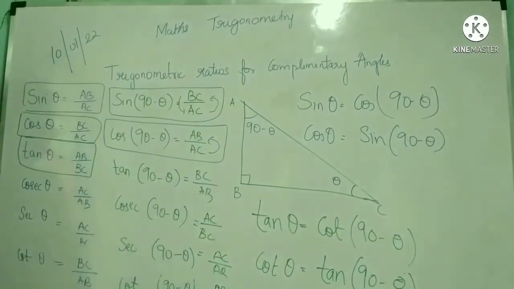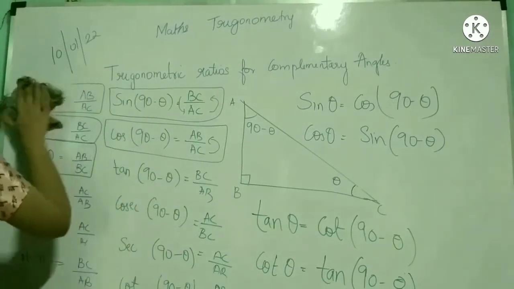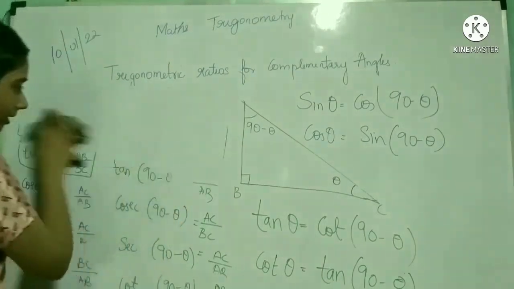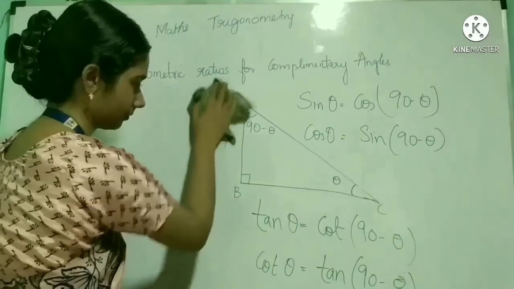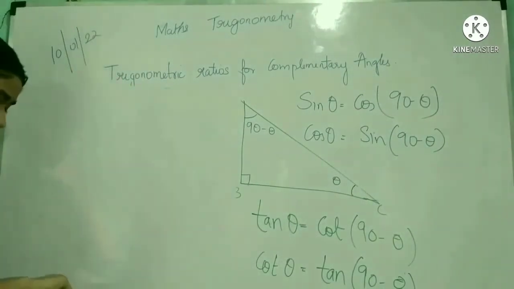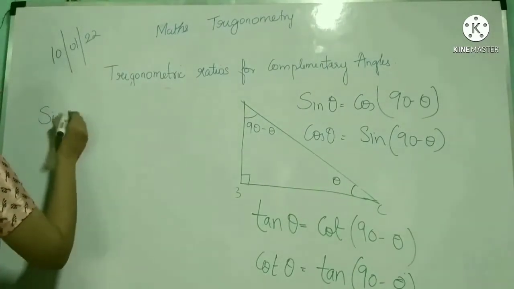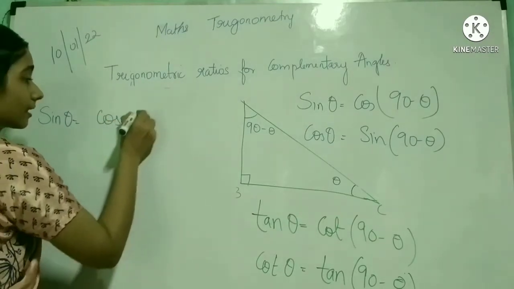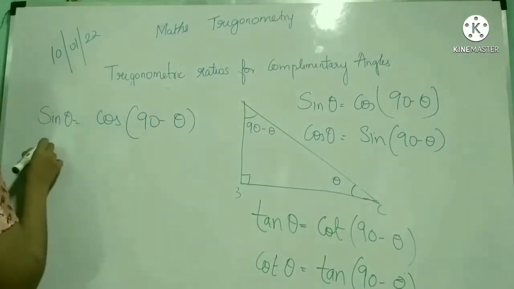You can compare all of this and tell. So I'll compare and give one consolidated table. You can copy that down. Sin theta is equal to cos 90 minus theta.